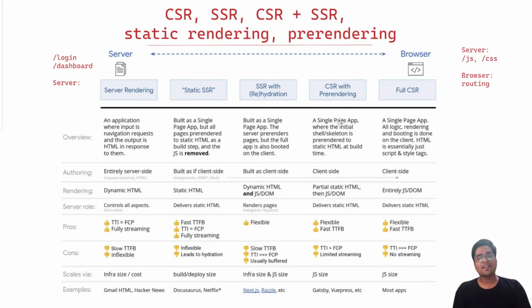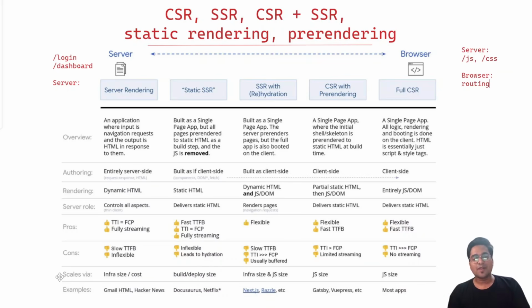Client-side rendering with pre-rendering is used by Gatsby and VuePress, and full client-side rendering is used by most applications, right? Although there are a lot of strategies, Gmail is also trying client-side rendering with pre-rendering. These are the different applications or companies which keep on experimenting and trying between them.